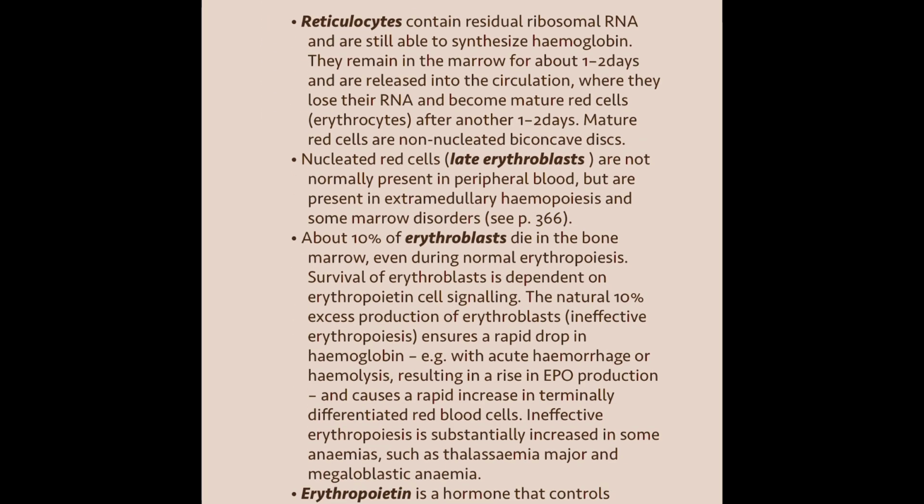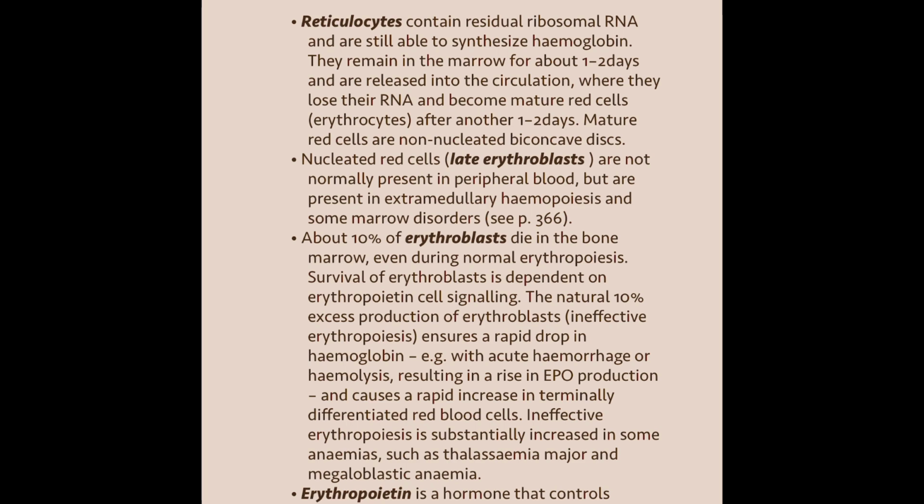Reticulocytes contain residual ribosomal RNA and are still able to synthesize hemoglobin. They remain in the marrow for about 1 to 2 days and are released into the circulation, where they lose their RNA and become mature red cells, erythrocytes.